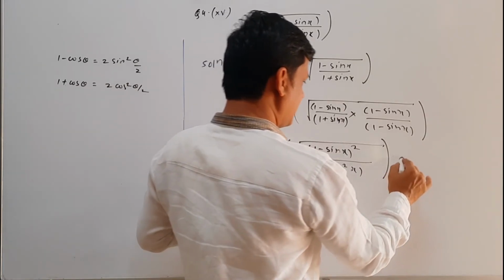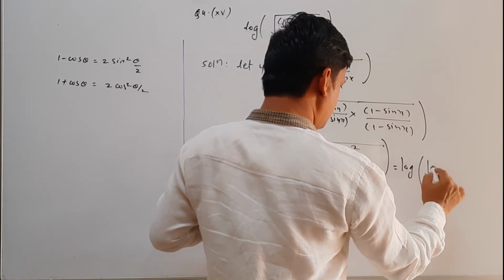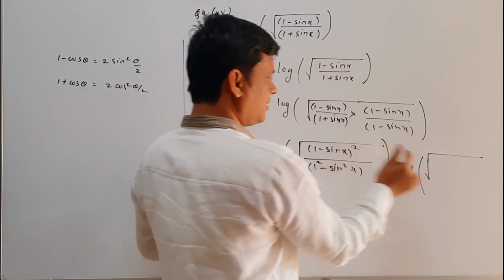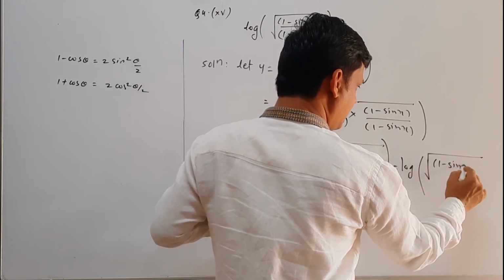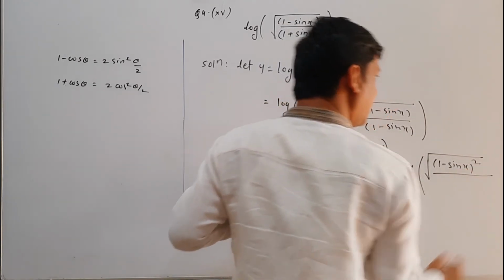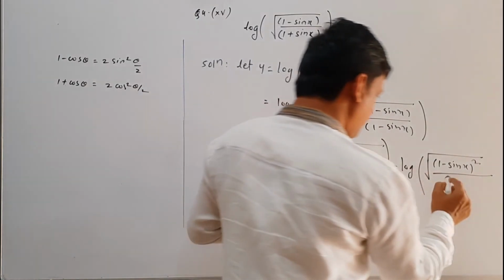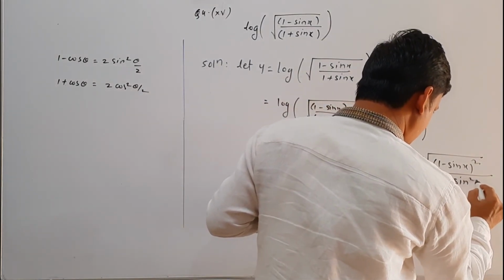So we write this as log of root of (1 minus sin x), its bracket square, and in denominator we write 1 square as 1, that is 1 minus sin square x.